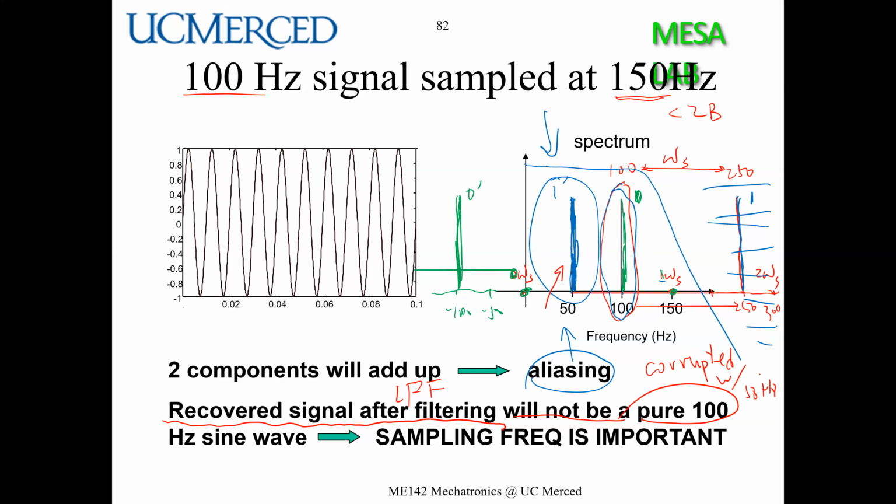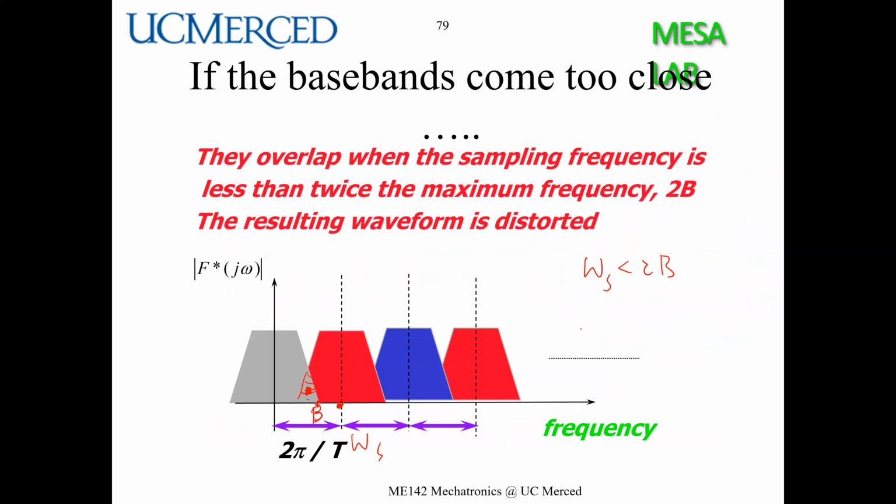So the consequence of not sampling fast enough is you are going to get an extra aliased signal that is smaller than your frequency B, within your B. You have something here, aliased.